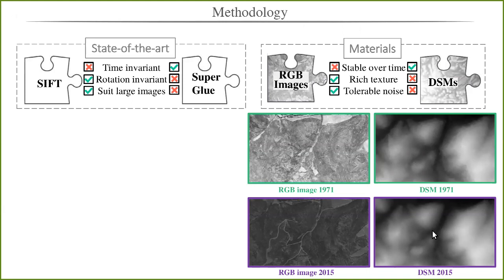As can be seen, the appearances of RGB images changed a lot, while the DSMs stayed stable over time. However, DSM has its own shortcomings. For example, it doesn't have rich textures and it contains noises that are not tolerable for recovering accurate matches. In other words, we cannot solve the puzzles with these pieces.